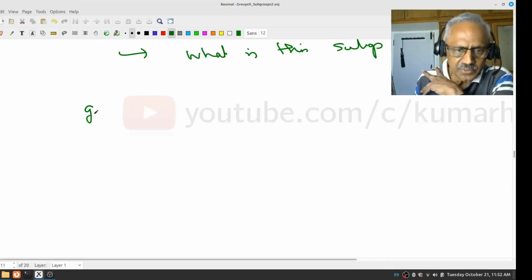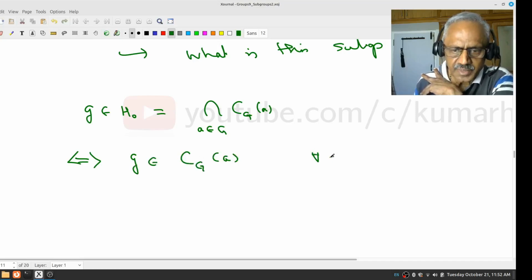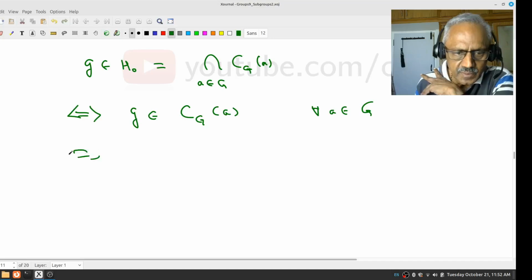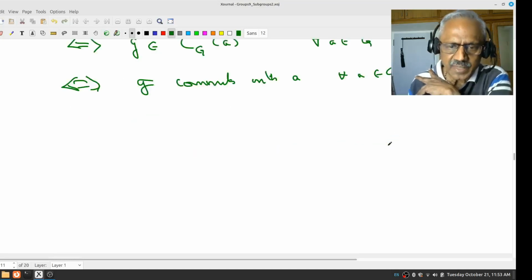Let's look at it. Suppose g belongs to H naught. What does that mean? This is the intersection of C_G(a) as a varies over G, so g belongs to C_G(a) for every a in G. This means g commutes with a for every a in G. What does that mean?